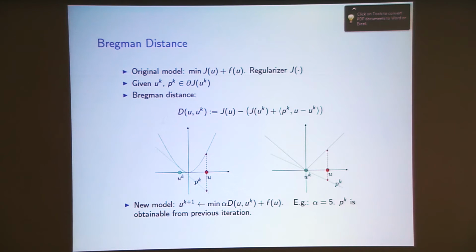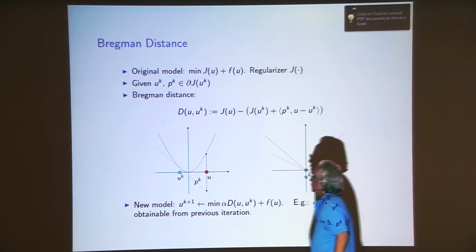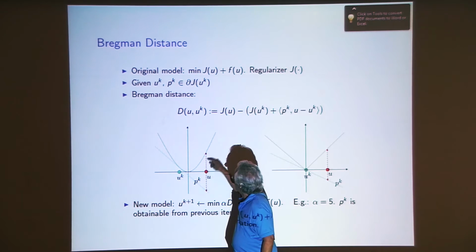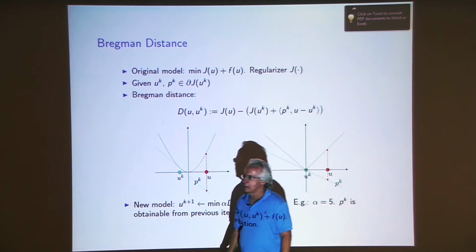That's u squared, or L1. Aha, that's a good one on the right. So on the left, you see L2. On the right, you see L1. And the Bregman distance, I have to shout because I'm leaving this thing, is this thing. You draw a tangent over here, you go down here, and you get this distance. That's the distance from u to u_k.